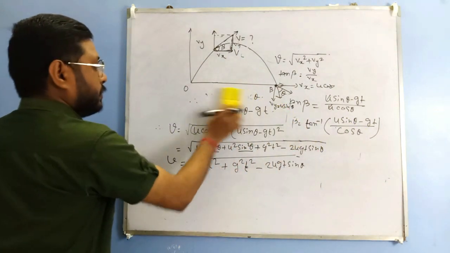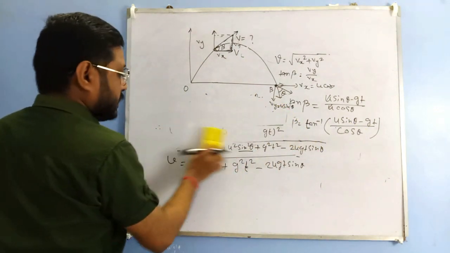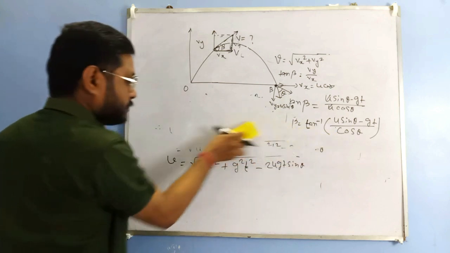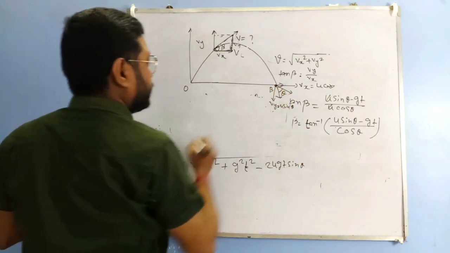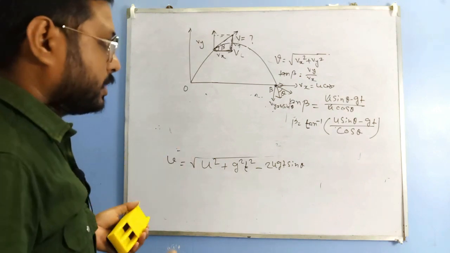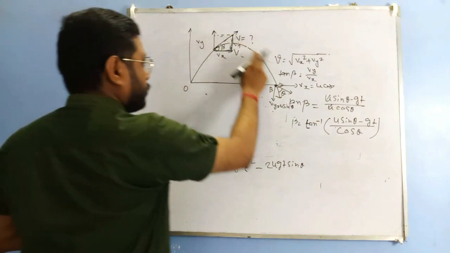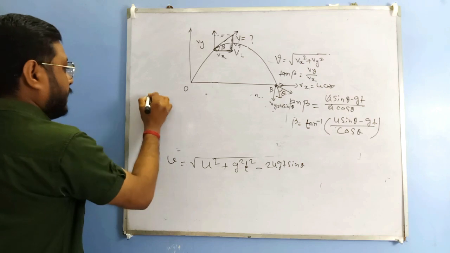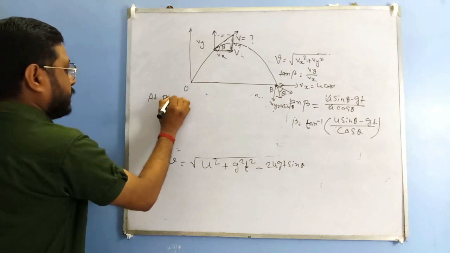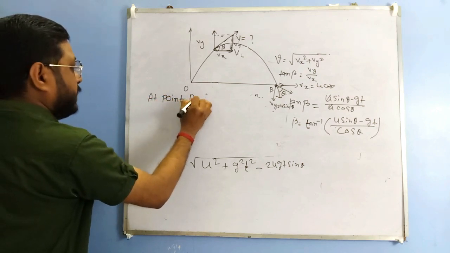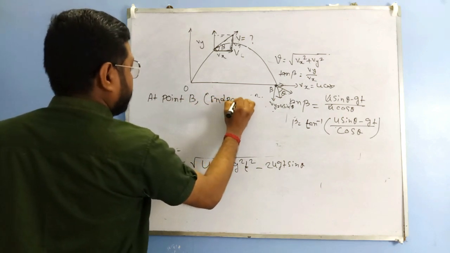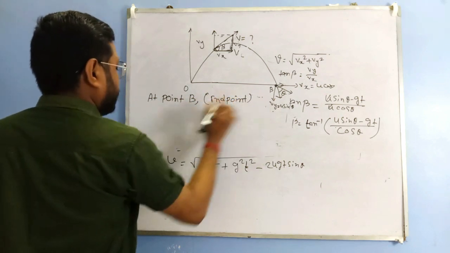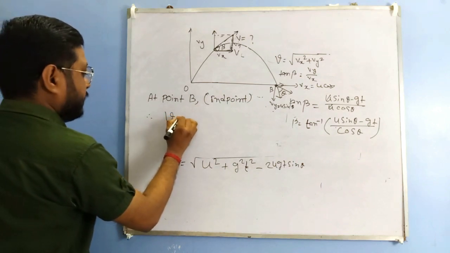At point B, that is the end point, where the particle strikes the ground, the time is Tm.